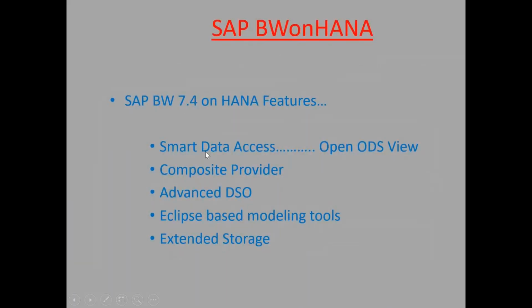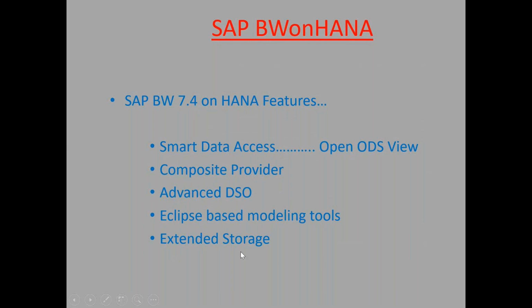In 7.4, a new set of rich functionality has been introduced, which is smart data access, composite provider, and advanced DSO, which are mainly used to consolidate the old InfoProvider functionality. A composite provider has multiple InfoProviders, and advanced DSO also consolidates multiple InfoProviders.